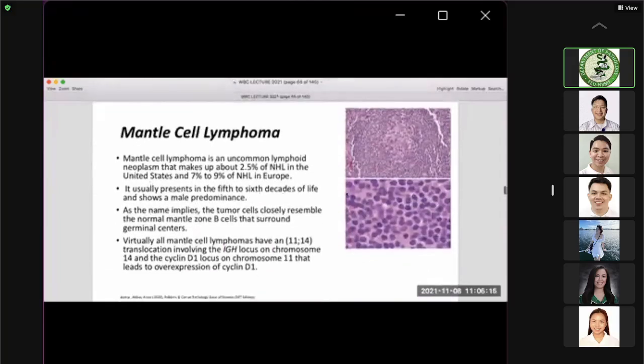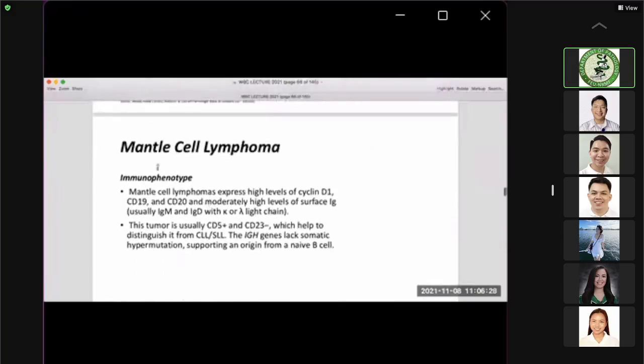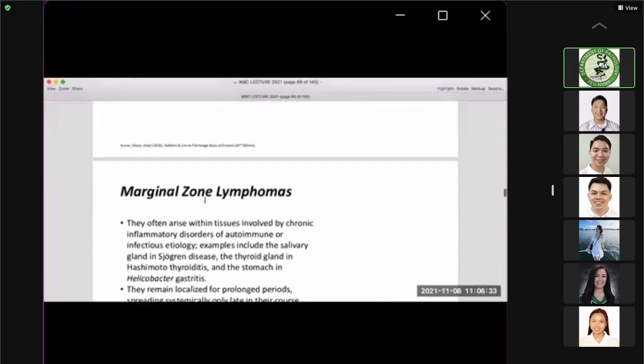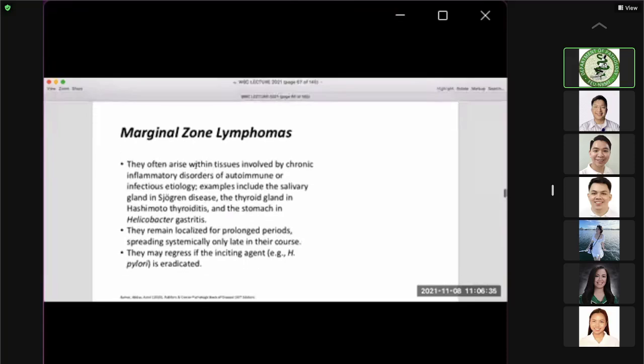Okay, and then we have mantle cell lymphoma, an uncommon lymphoid neoplasm. I'll just leave you to read these characteristics of mantle cell lymphoma. Immunophenotypically, these are the features. Then we have marginal zone lymphomas, which arise within tissues involved by chronic inflammatory disorders of autoimmune or infectious etiology.